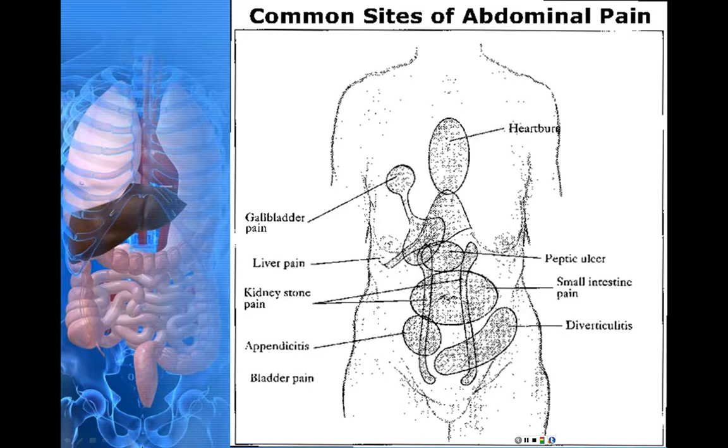Peptic ulcer is more just above the umbilicus. And then you have intestinal pain, which is more in the umbilical area. Kidney stones oftentimes can also occur in this area as they move along the ureter. Appendicitis, the right lower quadrant. Diverticulitis is typically going to be more left lower quadrant, and then bladder is going to be more suprapubic here.